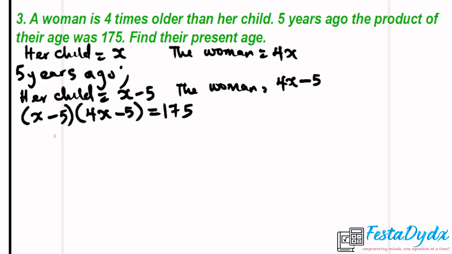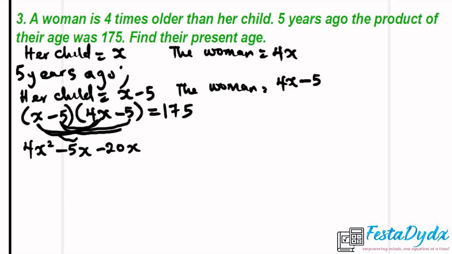So I'm going to expand this to clear the brackets. x times 4x gives us 4x squared. x times minus 5 gives us minus 5x. Minus 5 times 4x gives us minus 20x. And the last one, minus 5 times minus 5 gives us plus 25. Then we'll have equal to 175.